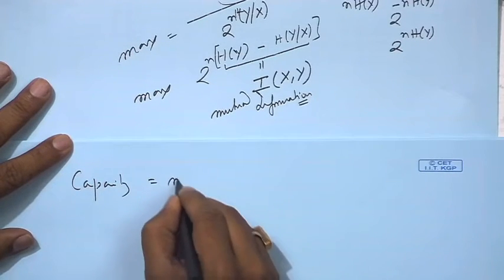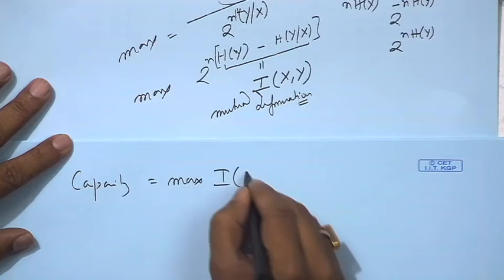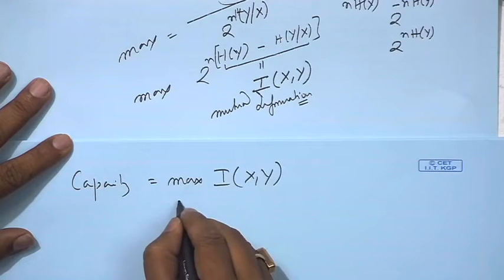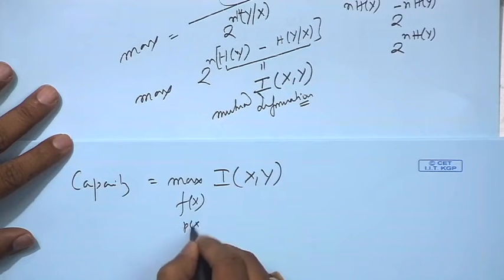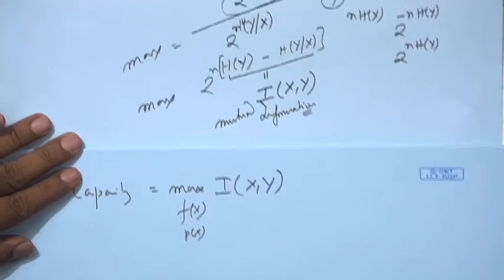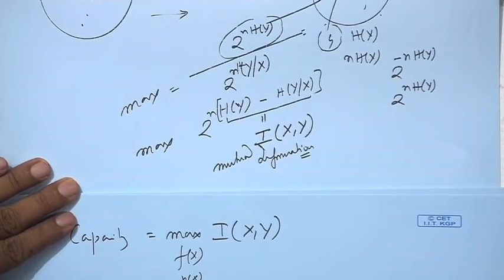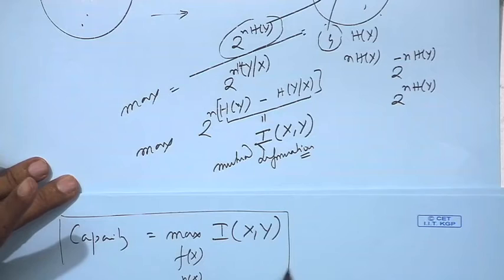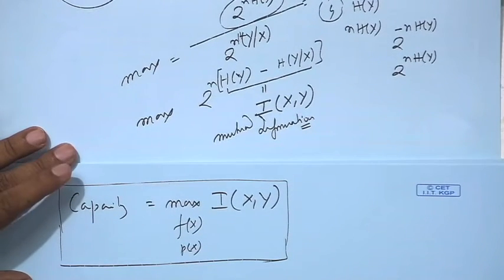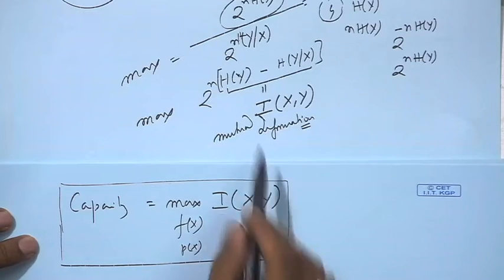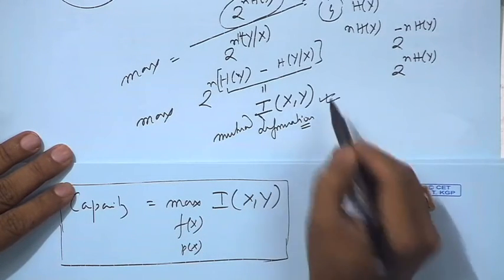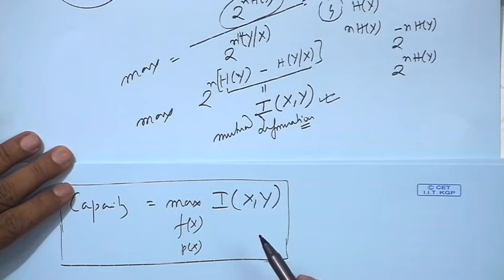So, what we can get as an indication from this explanation is why we have channel capacity denoted as the max of I(X;Y) over all possible distributions of the source symbols, either f(x), or p(x) in case of a probability mass function. This is the definition of capacity that one would typically follow, and we have given an intuitive explanation of why such a description comes. We have I(X;Y), which we have defined for both discrete and continuous random variables.